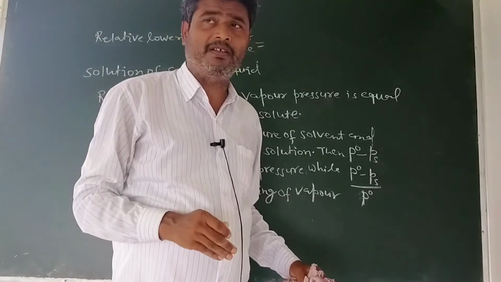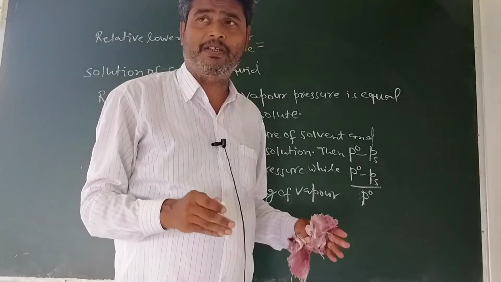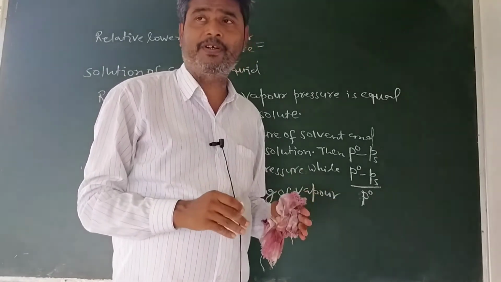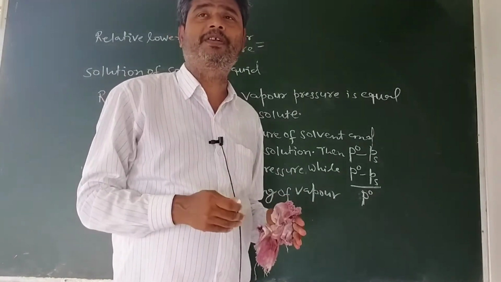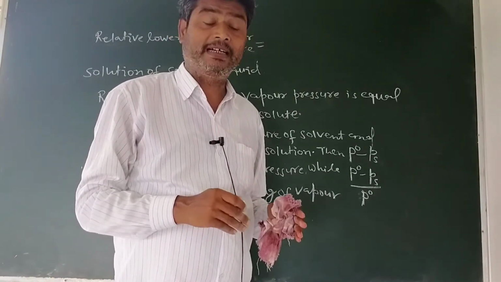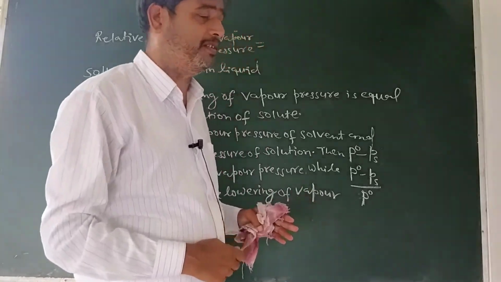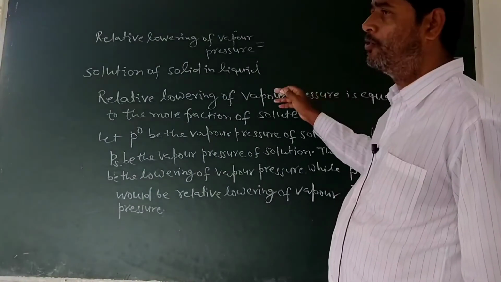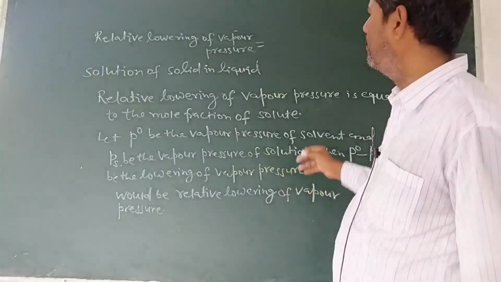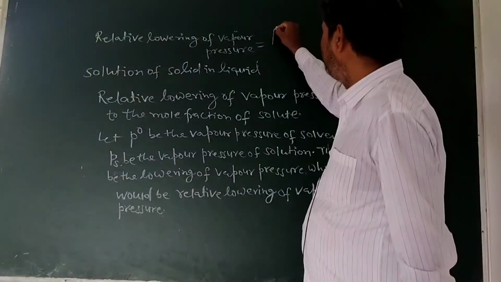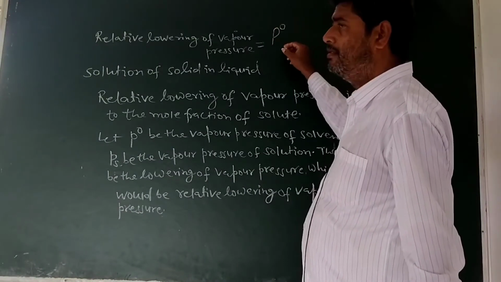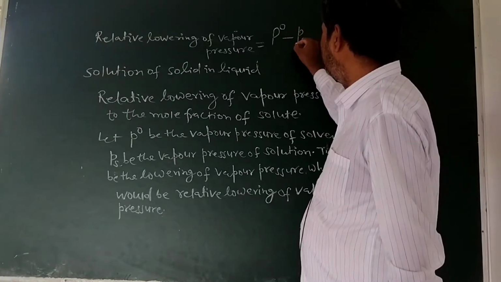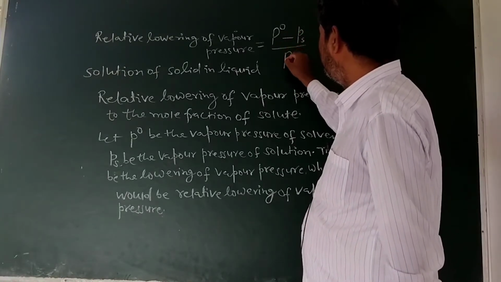The change in vapor pressure with respect to the vapor pressure of solvent is known as relative lowering of vapor pressure. So, relative lowering of vapor pressure is P standard or P naught minus Ps upon P standard.